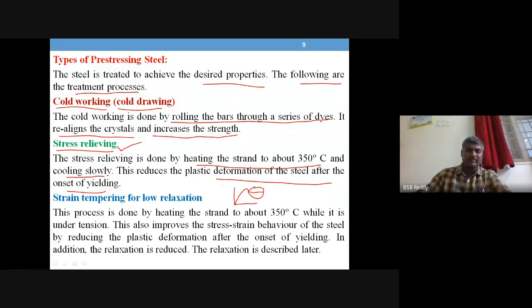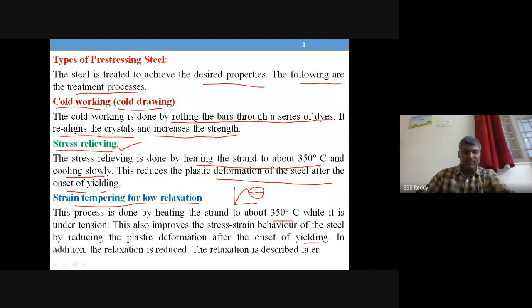Stress relieving. Okay, and strain tempering for low relaxation. This process is done by heating the strand to about 350 degrees, the same, while it is under tension. This also improves the stress strain behavior of the steel by reducing the plastic deformation after the onset of yielding.